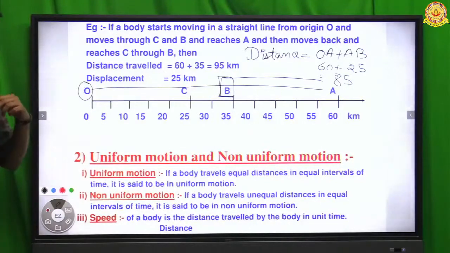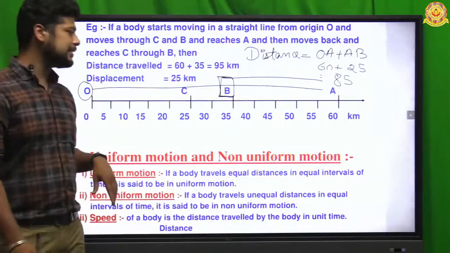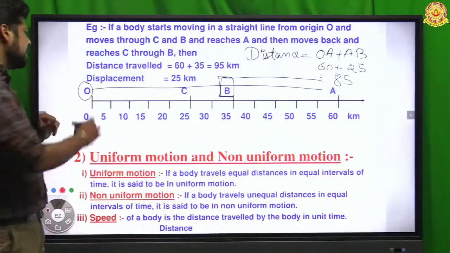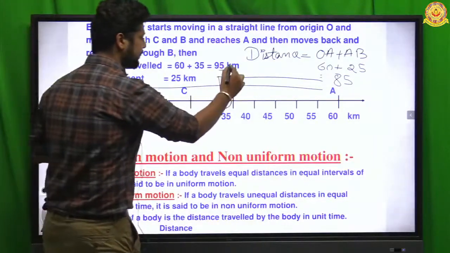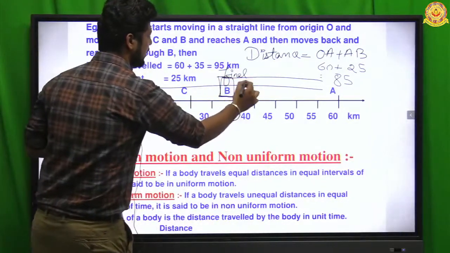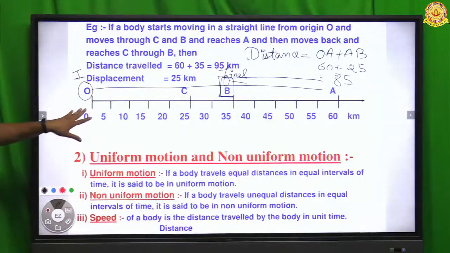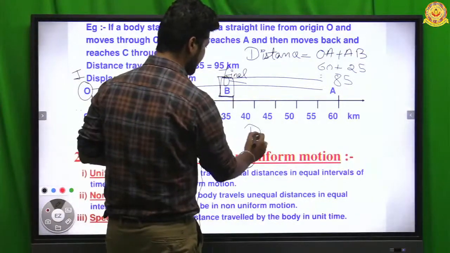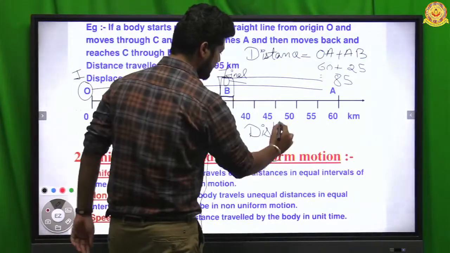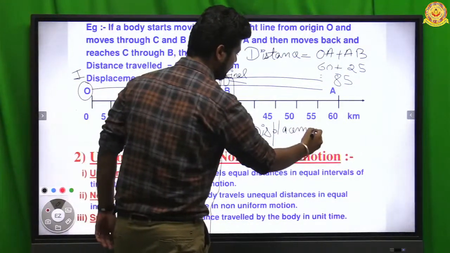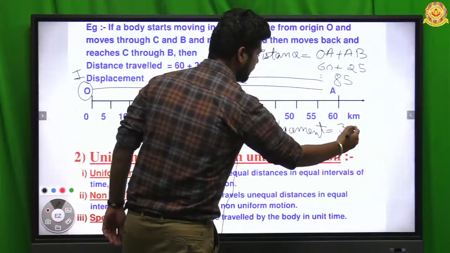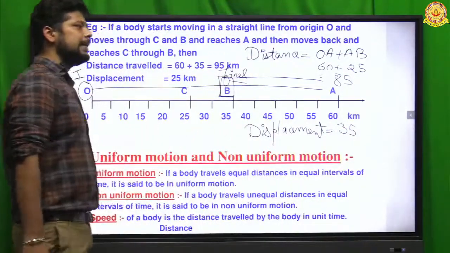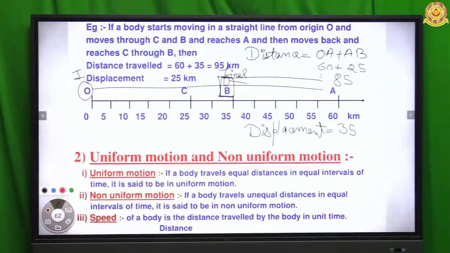But if we talk about displacement, displacement is the initial and final position. Now initial and final is OB only, and OB is 35, so displacement will be 35. That is the main difference between a distance and a displacement.